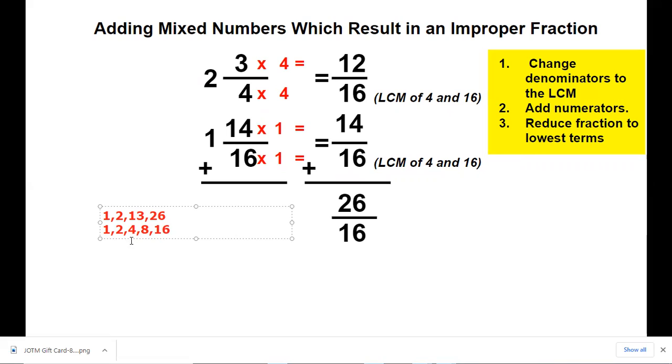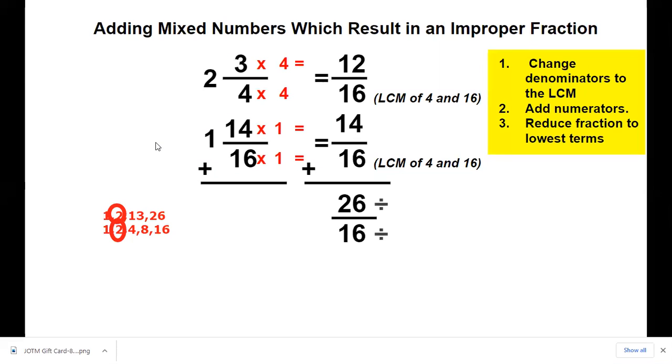Which one is the greatest common factor? Well, it looks like it would be a 2. So we're going to divide 26 by 2 and 16 by 2. So 26 divided by 2 and 16 divided by 2 is going to give us 13/8.